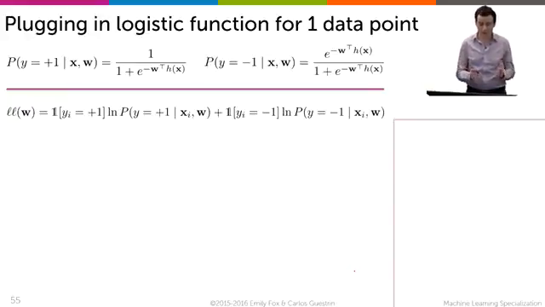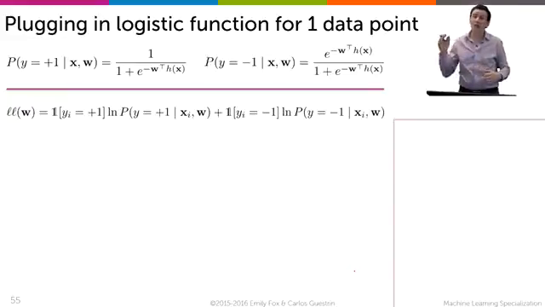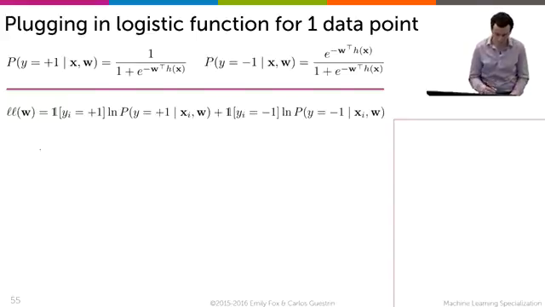So I'm going to go ahead and plug these definitions of the probability of y equals +1 and y equals -1 into the log likelihood. It turns out the log likelihood is going to simplify to a pretty cool term, and we're going to take the derivative of it and derive the derivative that we're hoping for. So here we go. I'm just going to first plug in the probability that y is equal to +1 into the first term.